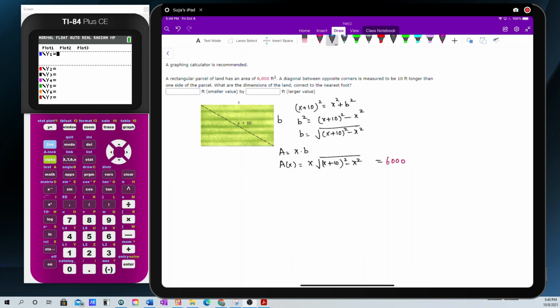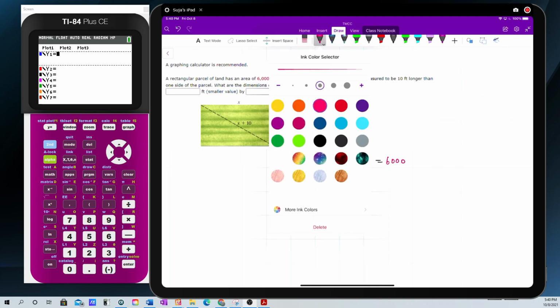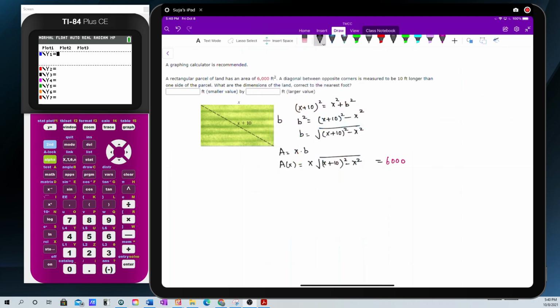So now I'm going to take this equation and try to rewrite it. So x times the square root of x plus 10 the whole squared minus x squared is 6,000. Square both sides, so the radical gets eliminated.